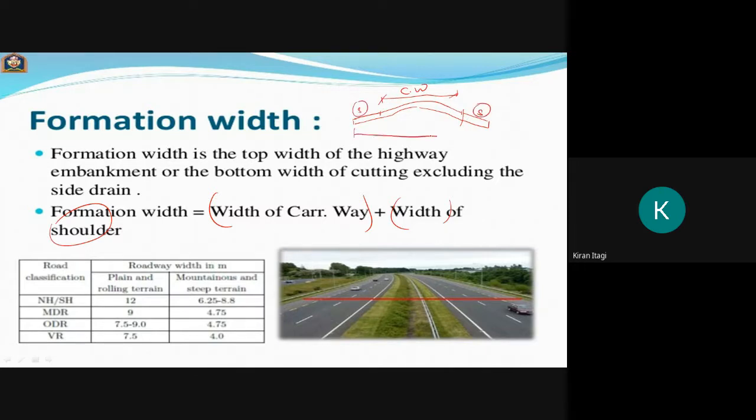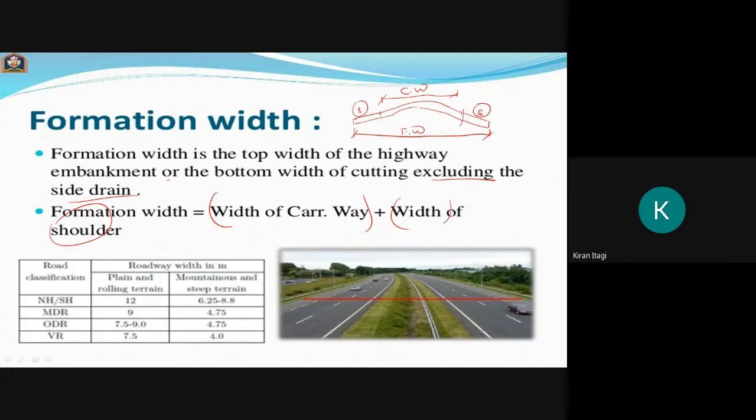So the combination of these is nothing but the formation width. Formation width is the top width of the highway embankment or the bottom width of the cutting excluding the side rails. This is nothing but the formation width.